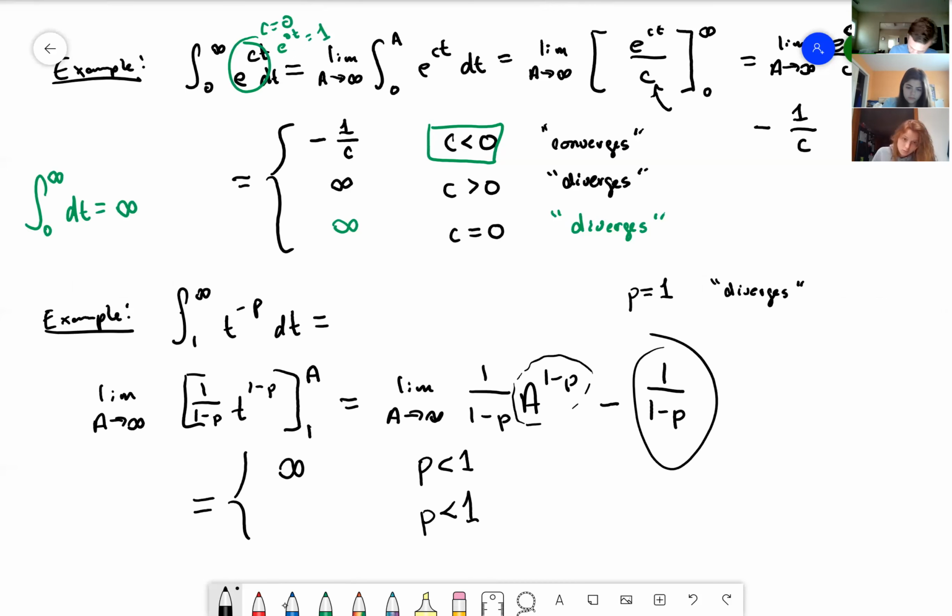And what we're left with is negative 1 over 1 minus p, which we can just write as 1 over p minus 1. So again, we get a region where it diverges and a region where it converges.